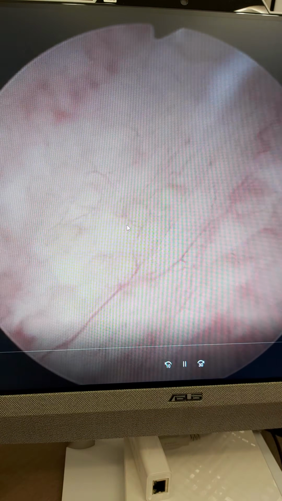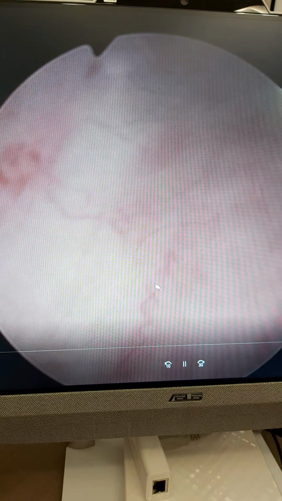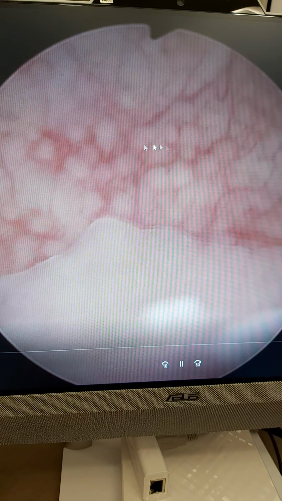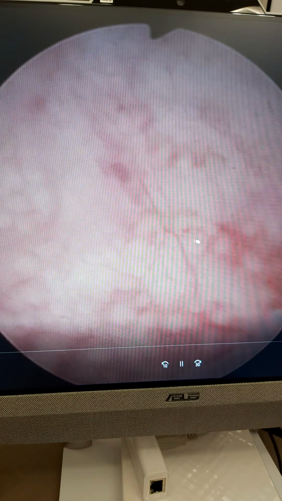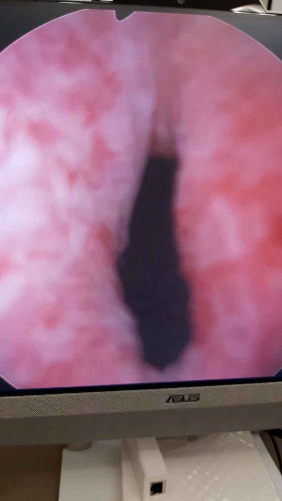The bladder mucosa becomes like this. There are changes in the bladder mucosa, and these granular tissues here, little cystic tissues, are infective cysts formed in the bladder.